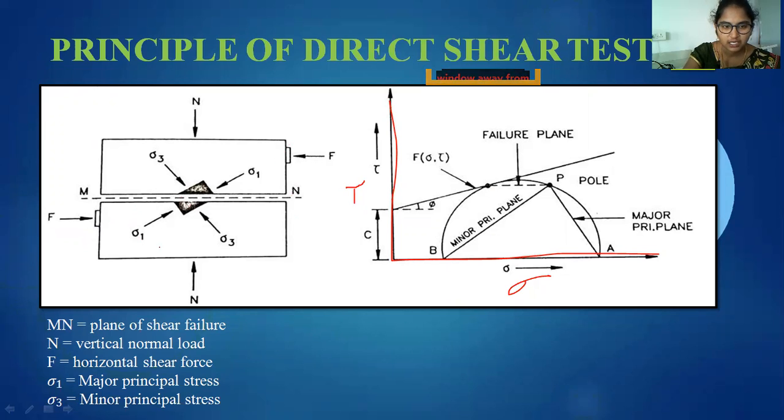So here the box is sheared this way. F is the horizontal shear force from the left side and right side, and this is the box, and we can apply a normal load, a vertical load. Sigma 1 is the major principal stress and sigma 3 is the minor principal stress. The box is split horizontally like this, so the soil will split into two halves horizontally.